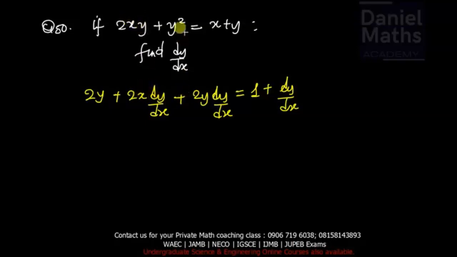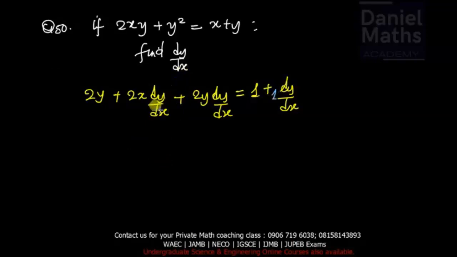Then plus, if I differentiate this with respect to y, I'll have 2y, but take note: whenever I differentiate the y term, I must maintain my dy/dx. So I differentiate x, this gives me 1. I differentiate y, this gives me 1 dy/dx. There is an invisible coefficient of 1 here, but in mathematics we don't write that.